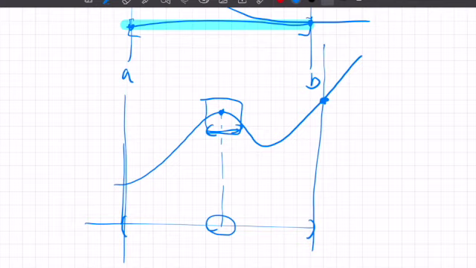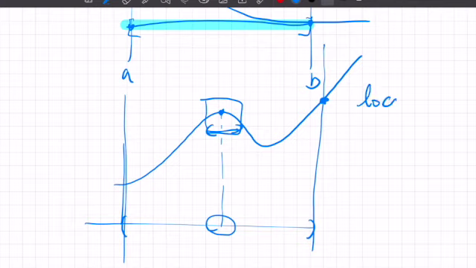Such a point is called a local maximum, as opposed to the global maximum. This may not be the greatest value within the entire domain of definition, but it is the maximum value within a small region around this point.